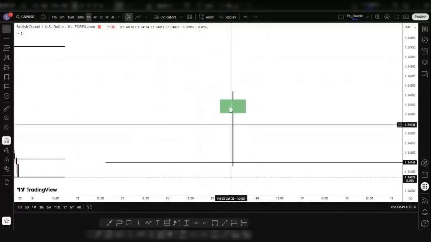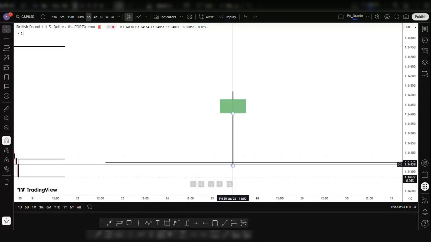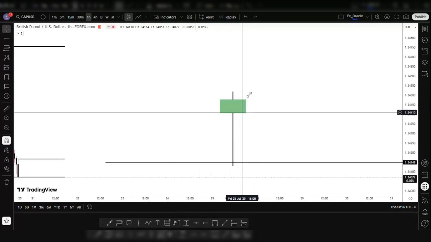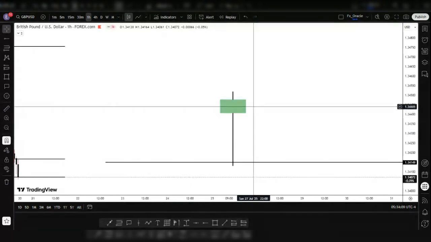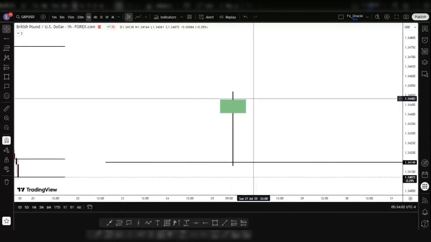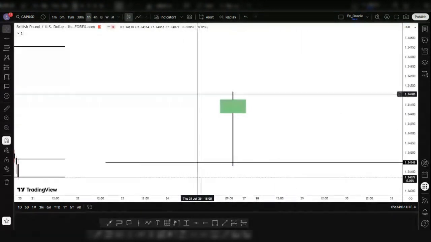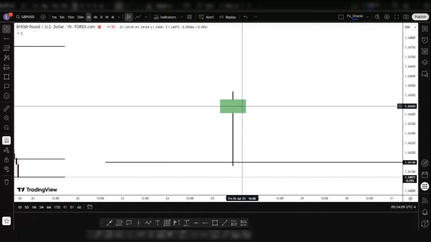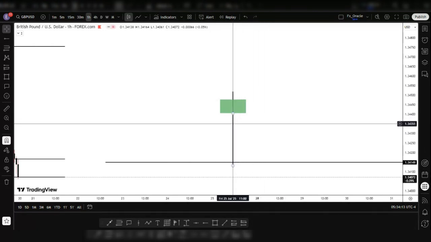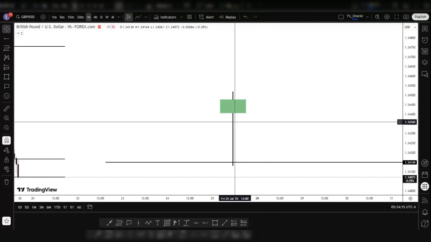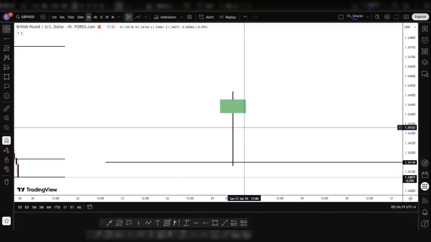So if you see this particular candle, it's known as the pin bar. You can decide to write this down. And what is the stuff behind this pin bar? If you look at it, what can you tell yourself about, okay, what's the effect of this pin bar? What's the significance of this pin bar at this level?